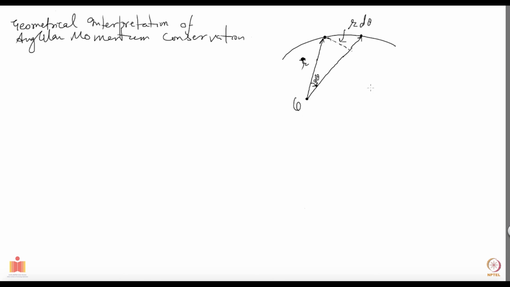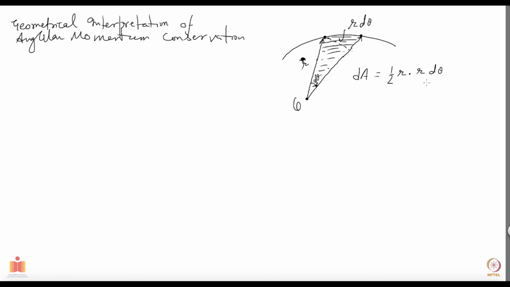If you find the area of this infinitesimal sector, which coincides with the triangle when the angle is infinitesimal, it is half r into r d theta.